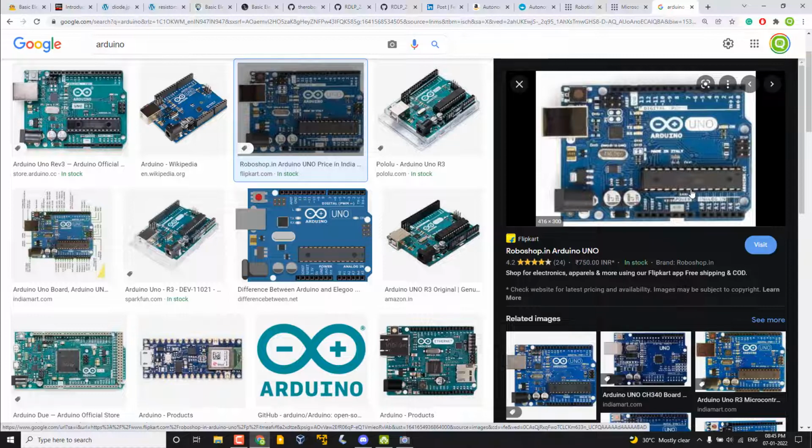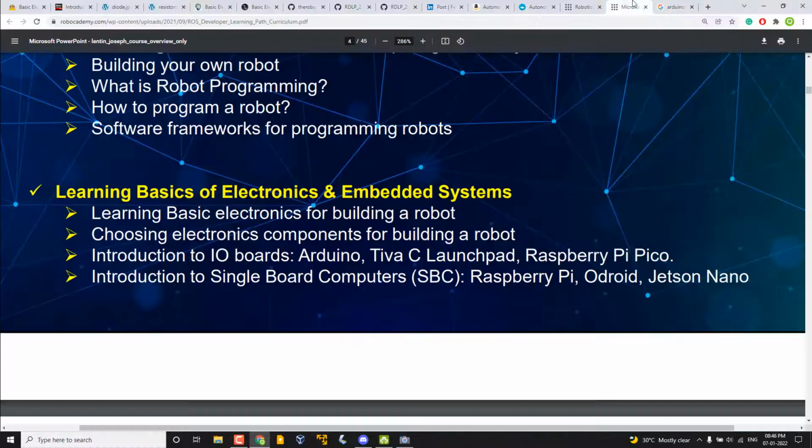Just imagine a chip can be programmed. Its pins can be programmed. One pin can be turned on, which is 5 volts, then it can be off, that is 0 volts. So a chip can be programmed. That is the next revolution.